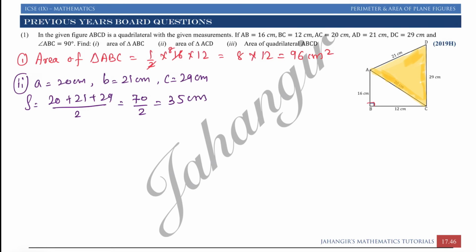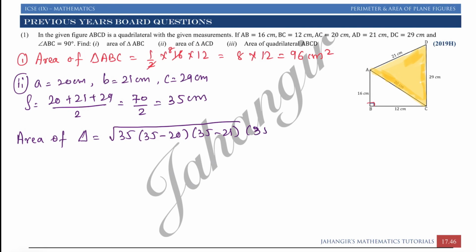So now we will find area of triangle, that is square root of 35 into 35 minus 20 into 35 minus 21 into 35 minus 29. So therefore area of triangle will be 35 into 15 into 14 into 6.